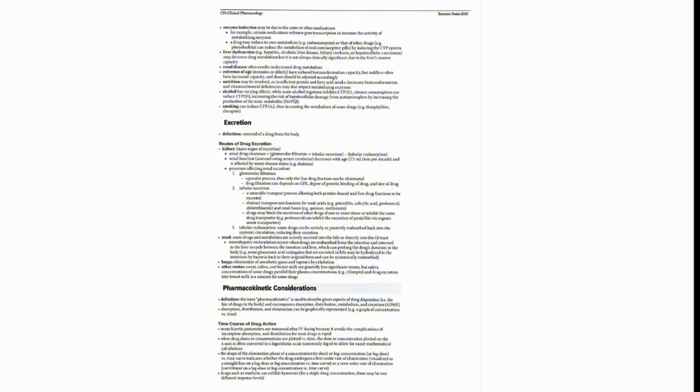Number 2, secreted into bile. Number 3, travels into the intestine. Number 4, gut bacteria convert metabolites back into the active drug. Number 5, drug is reabsorbed into the bloodstream. This recycling prolongs the drug's action.